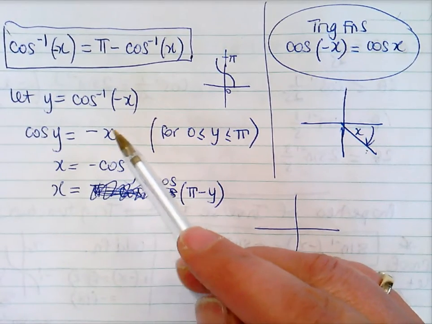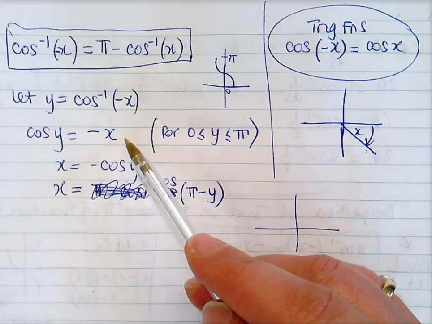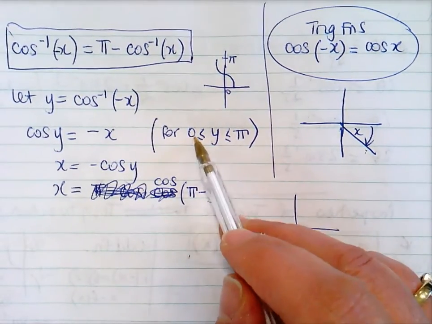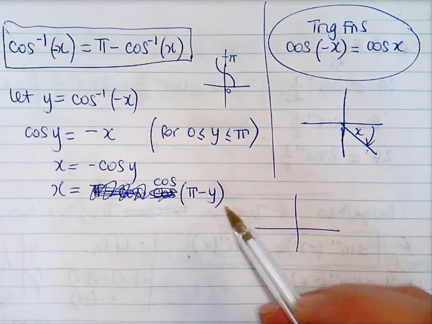With quadrant 2, it's pi minus, and with quadrant 3, it's pi plus. But because y has to lie between 0 and pi, we're using pi minus.